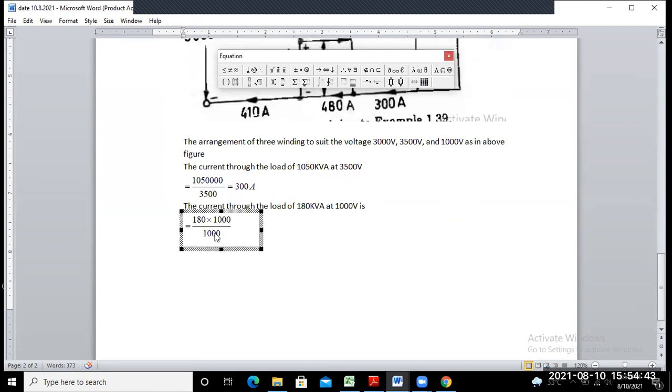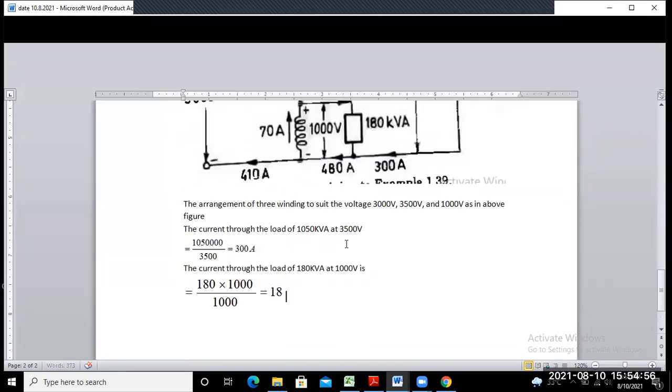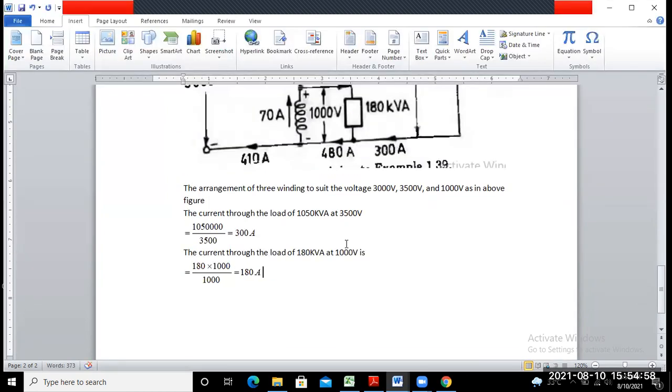This 1000 is cancelled out from numerator and denominator, so it becomes 180 ampere.